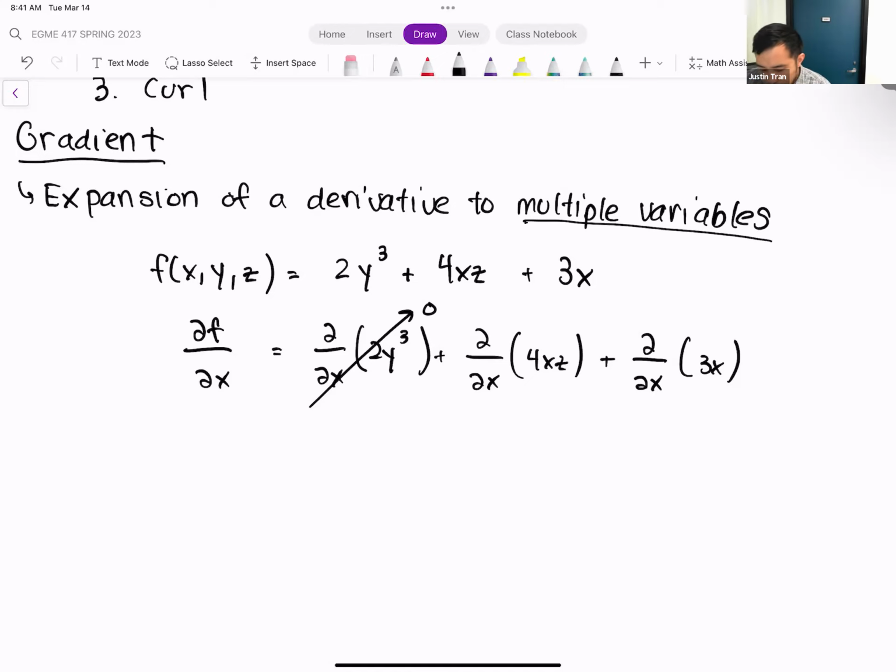Then we have the derivative of 4xz. When we take the derivative of this, we focus just on the x term. I know there's a z in there, but remember we're treating that z as a constant. The derivative of x by itself is just 1, and then we carry through those constants, so we're going to have 4z.